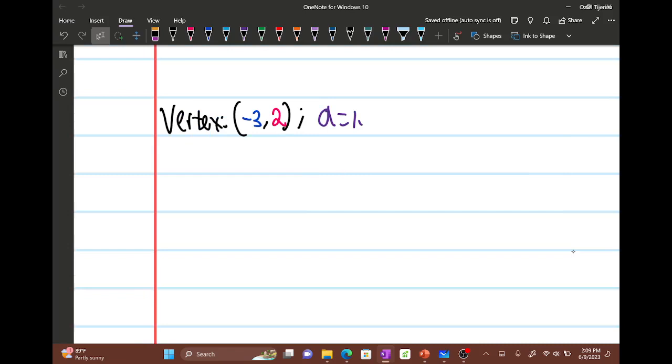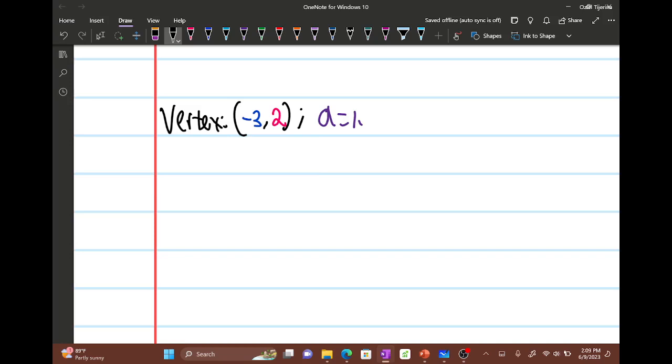Now, this is another mistake that people make in algebra, and it goes for both absolute value and quadratic equations or functions. A lot of students make this mistake, which is just completely wrong.